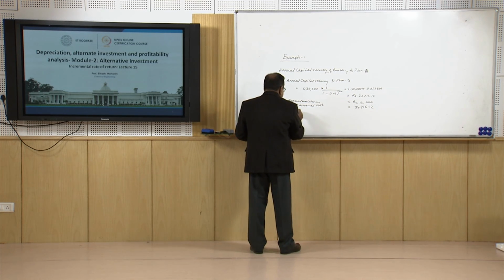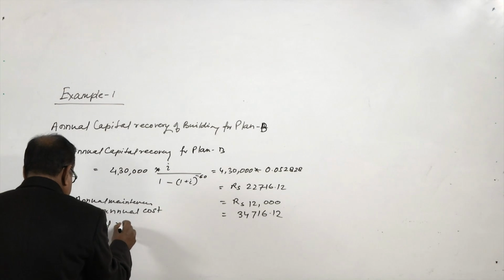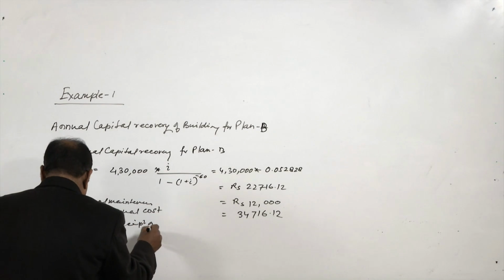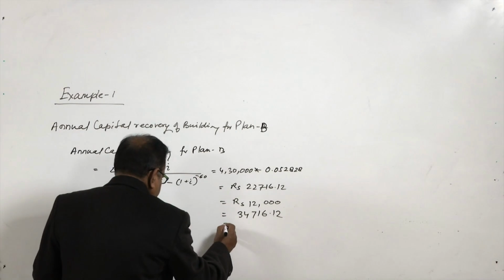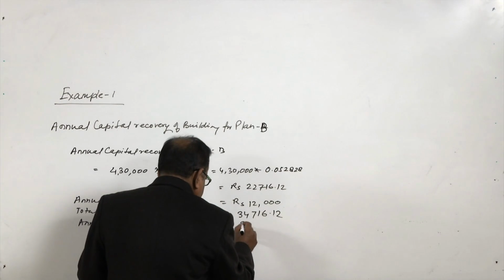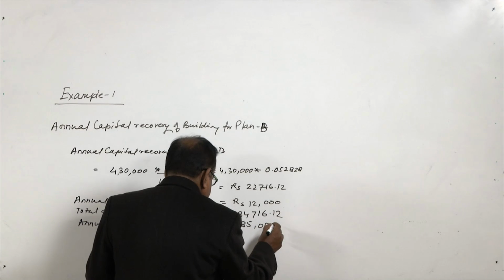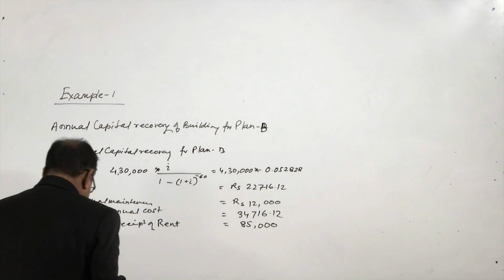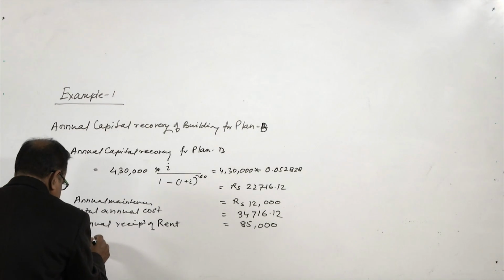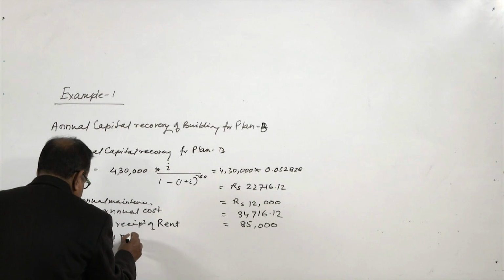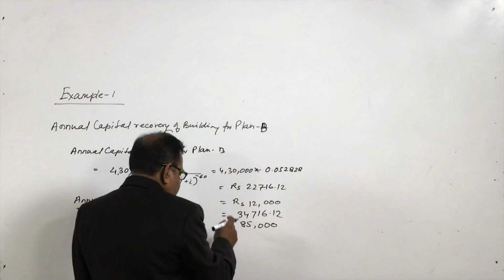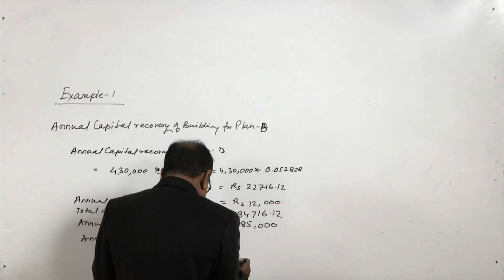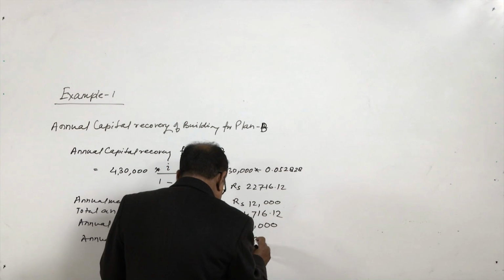Annual receipt of rent is equal to 85,000. Annual profit, this minus this, comes out to be 50283.88.